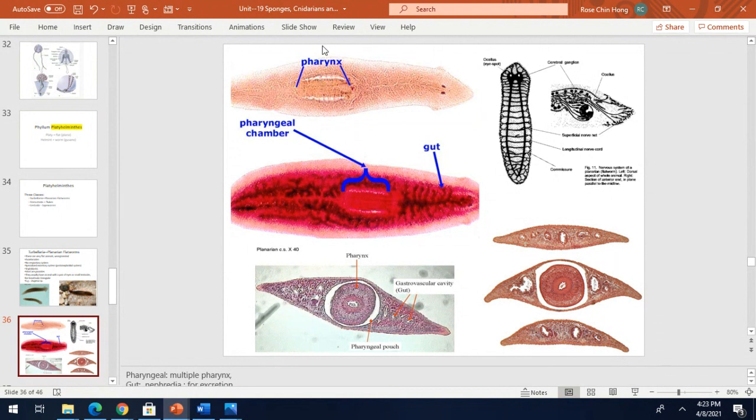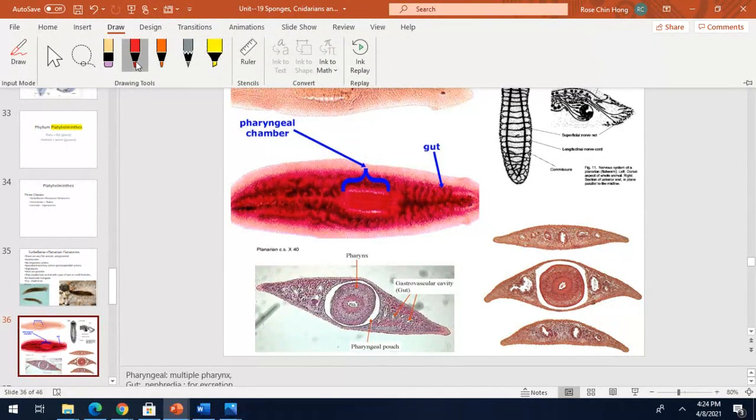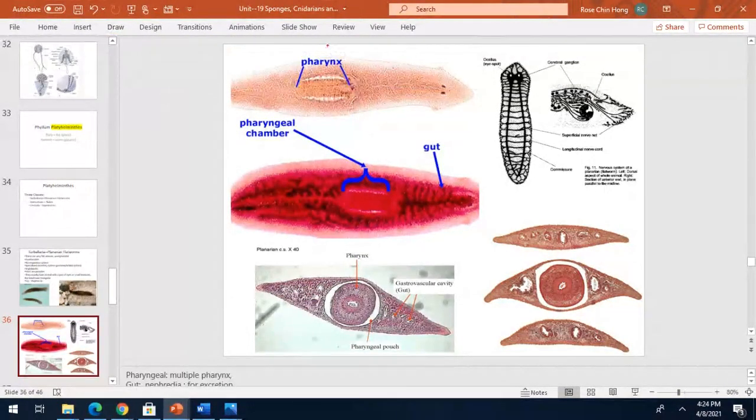So if you do a cross section from here through the pharynx, you'll see this muscular part. This is the one you'll find all the way over here when you do your dissection. I want you guys to see that.